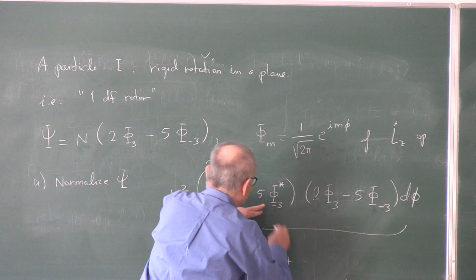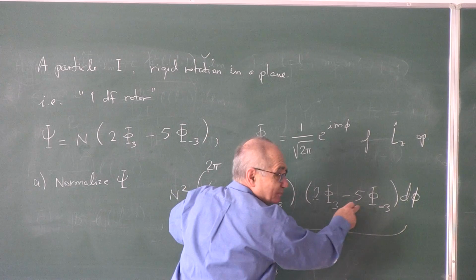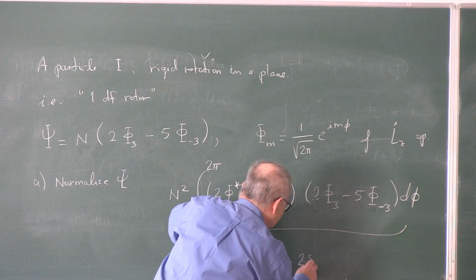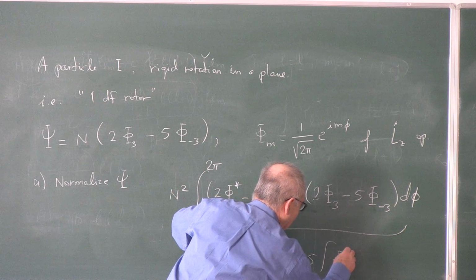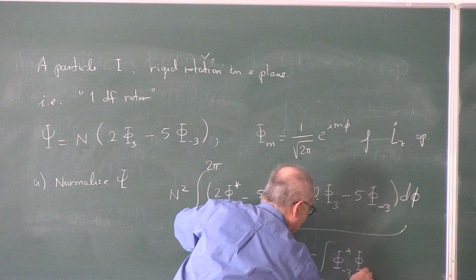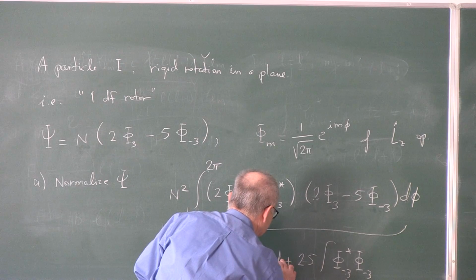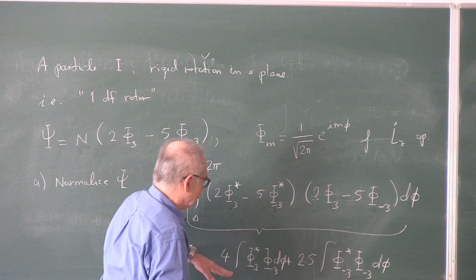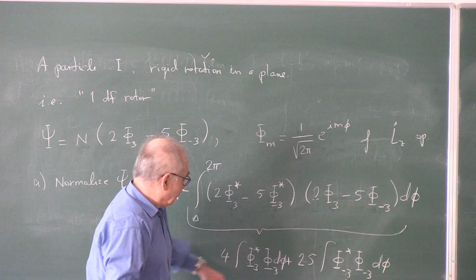Plus this times that one, minus 5 times minus 5 is plus 25. These are the non-zero integrals.